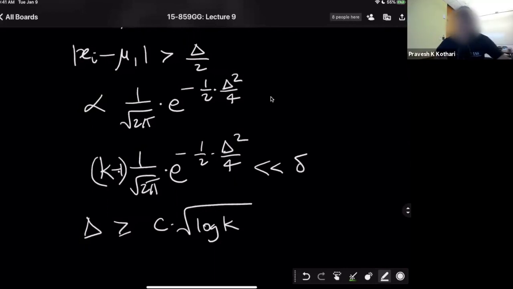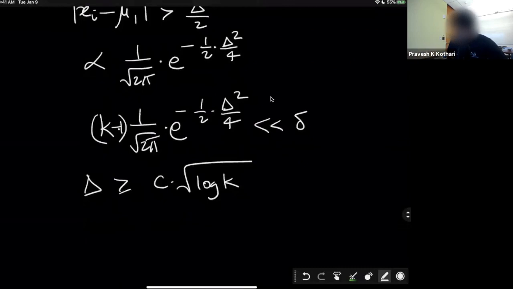So how many points do I have, and what's the number of points I'll make an error on? In expectation, the number of points I make an error on is n times e to the minus delta squared over 8, correct? Okay, so as a fraction of the cluster, what is that number? It's k times n over k. So I'll write it down.